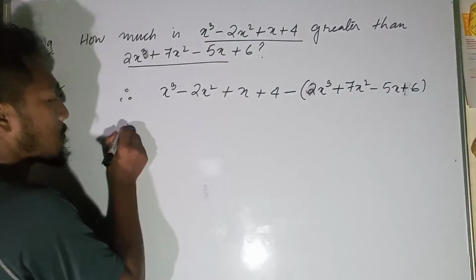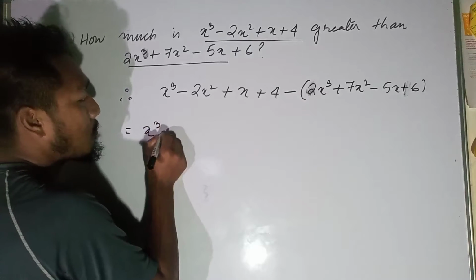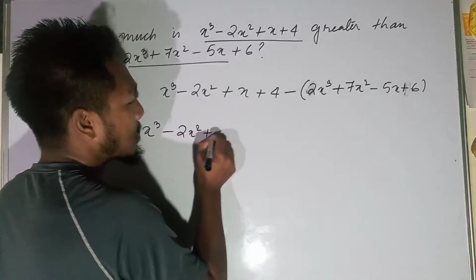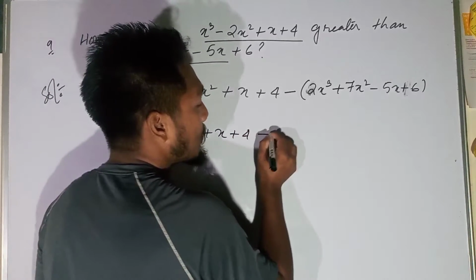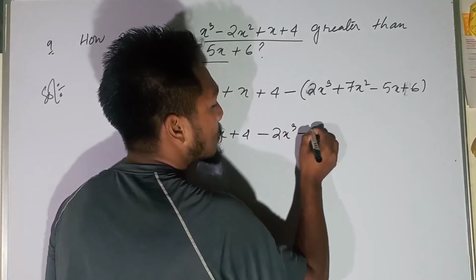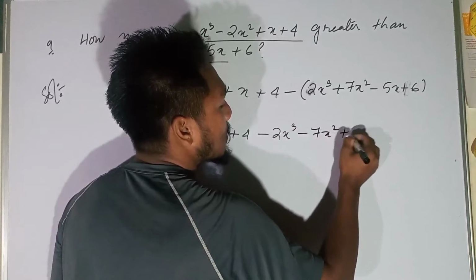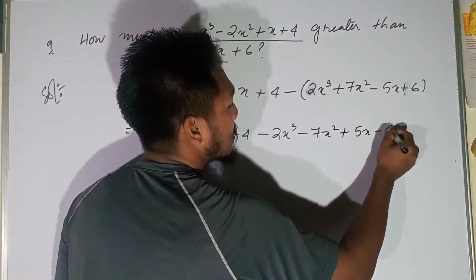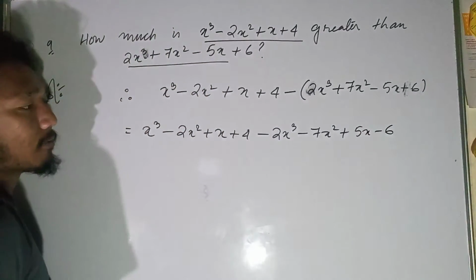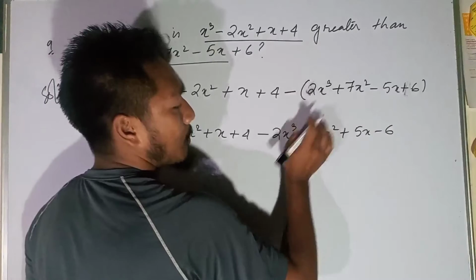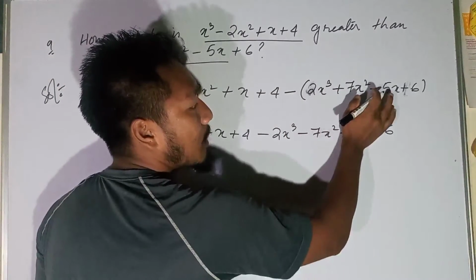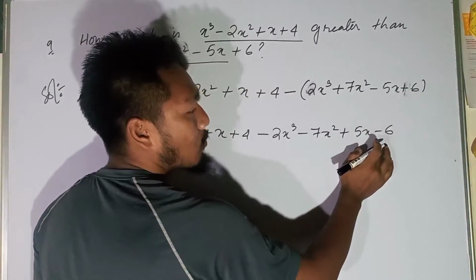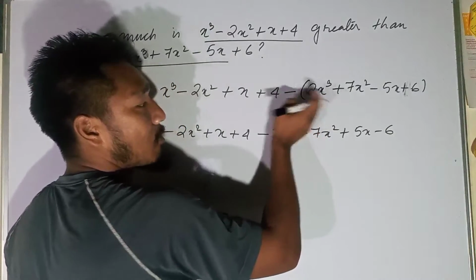So when I open up this one, this will become x cubed minus 2x cubed plus x plus 4. Open up the bracket, become 2x cubed, minus 7x cubed, minus minus become plus 7x, then minus 6. If I open up the bracket, plus will become minus, minus will become plus, plus will become minus. Why? Because we have a minus sign in front of the bracket.